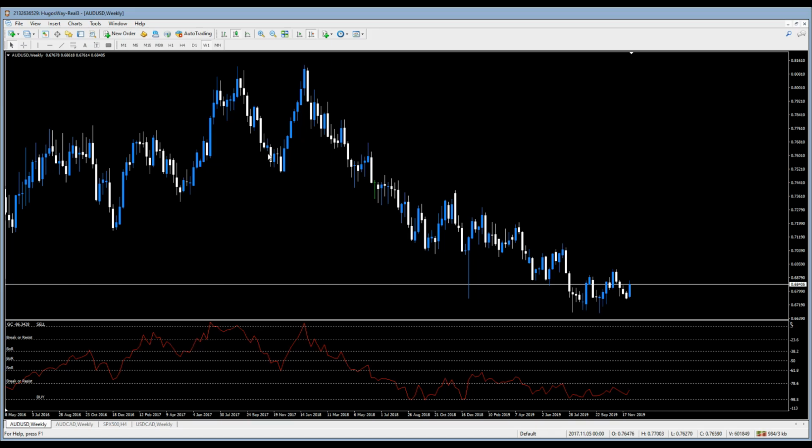So what I'm gonna check out today is the AUD USD, the AUD CAD, and the SPX500. I want to see what trends are going on and what we can get out of these, because the market has been moving very smooth lately, very nicely.